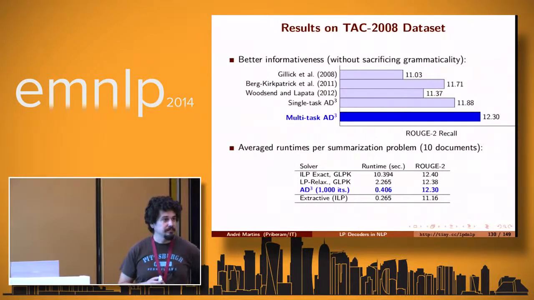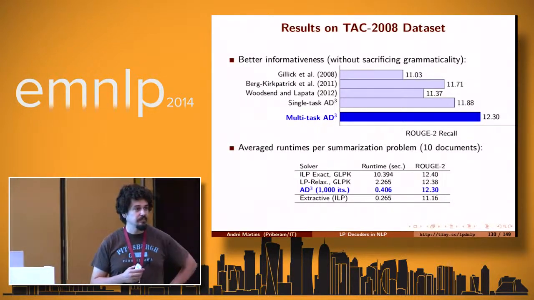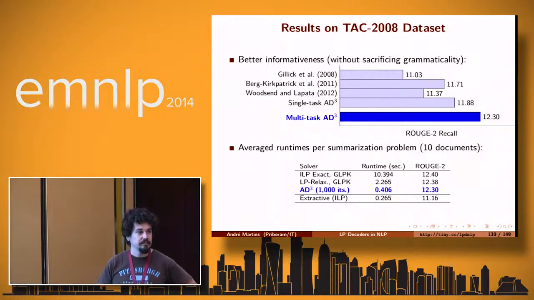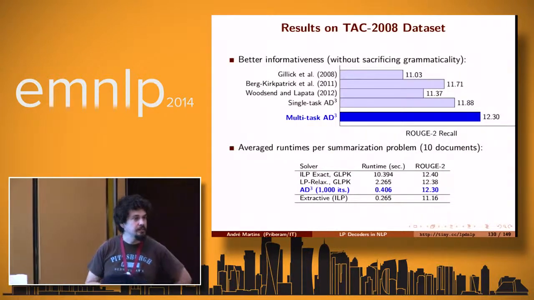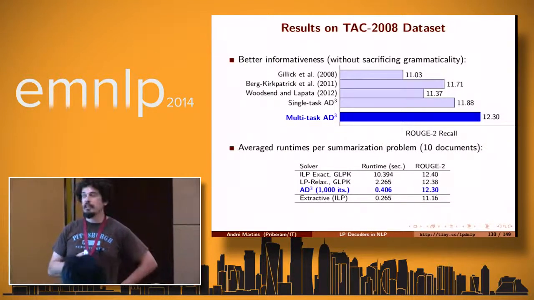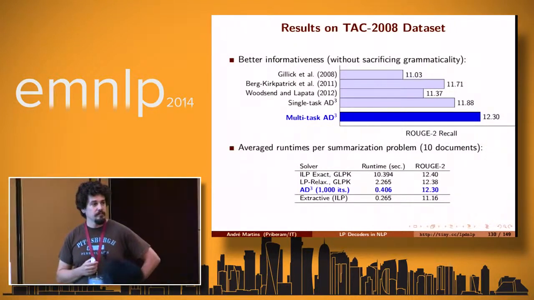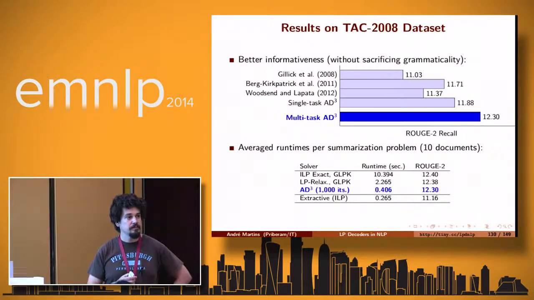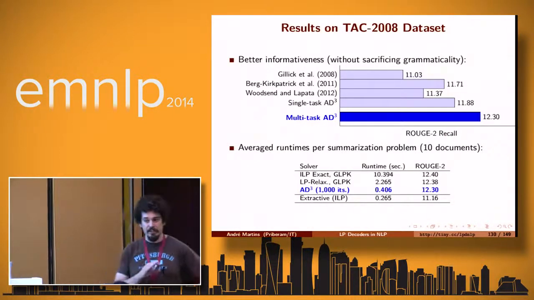Yes. I'd like to know how the quality of the coding affects the quality of the application. The quality of what? The grammaticality. So I'm not sure if I understood correctly.